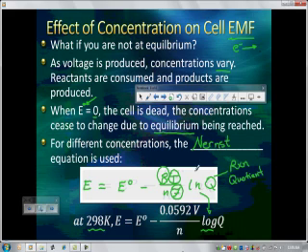This natural log, if we left that in here, we'd have some number like 2.8 or something like that. But when we switch to the log base 10, then these constants all calculate out to be 0.0592. And of course, we'll adjust this for the type of reaction we have, the number of electrons, and then the concentrations of our reactants and our products.